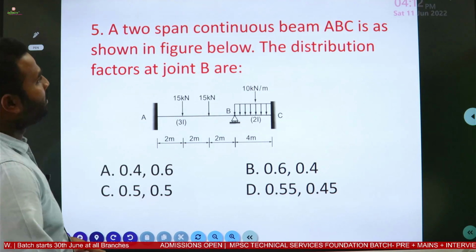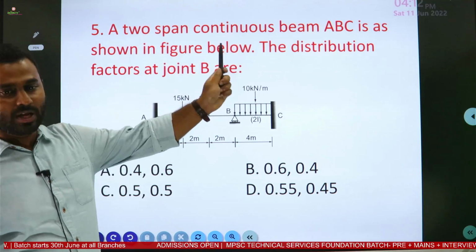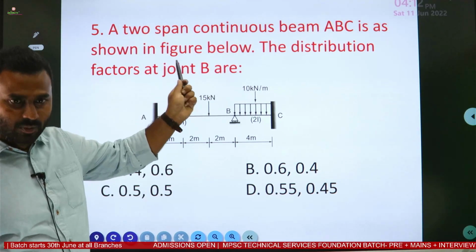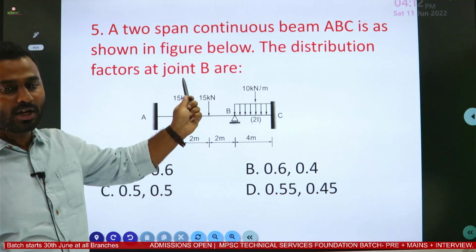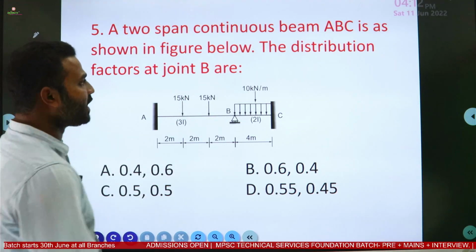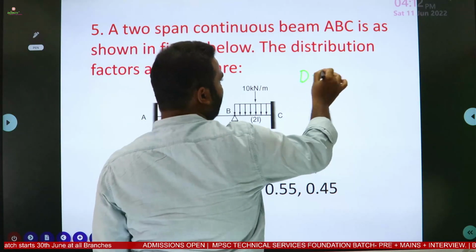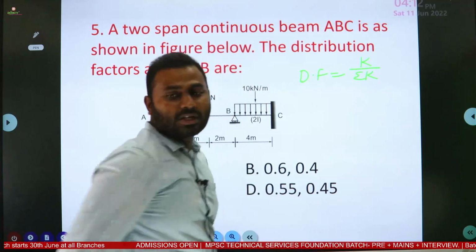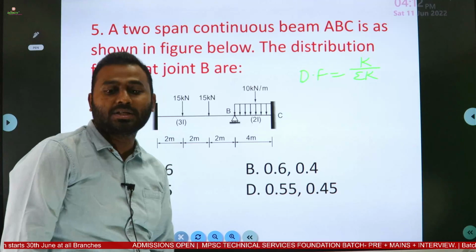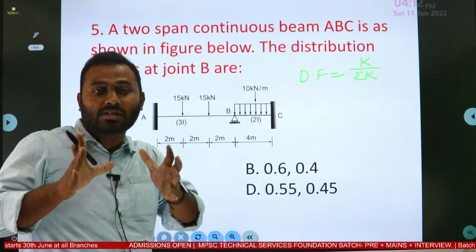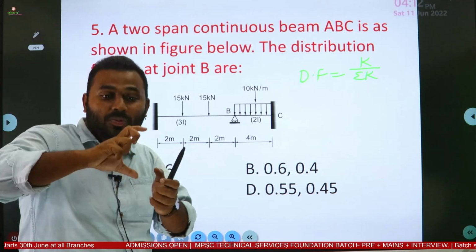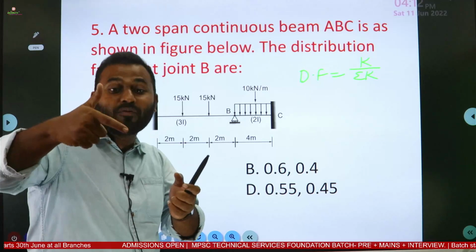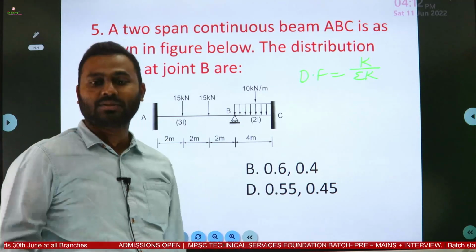Next one. A two span continuous beam ABC is as shown in the figure below. The distribution factor at the joint B is. What is the formula for the distribution factor? It is K upon sigma K. And what does the distribution factor represent? Distribution factor tells us how the moment is distributed at a rigid joint to the various members present at that joint.